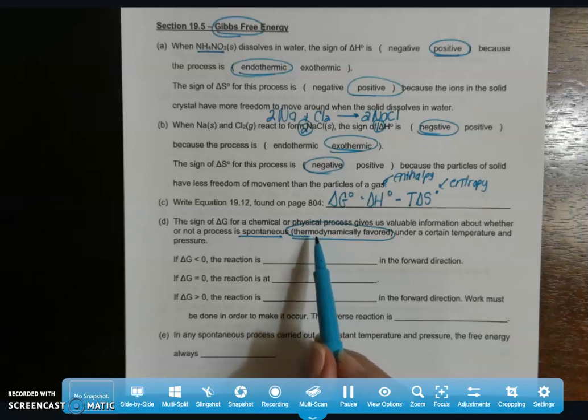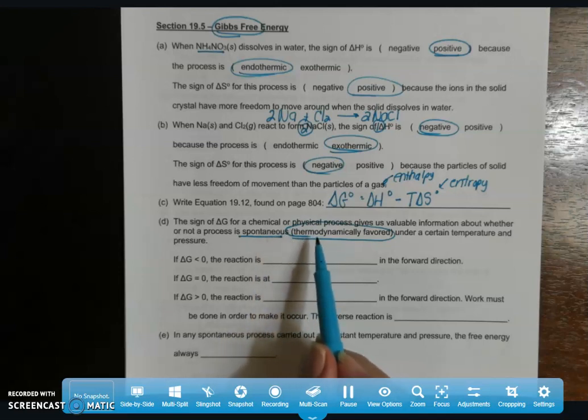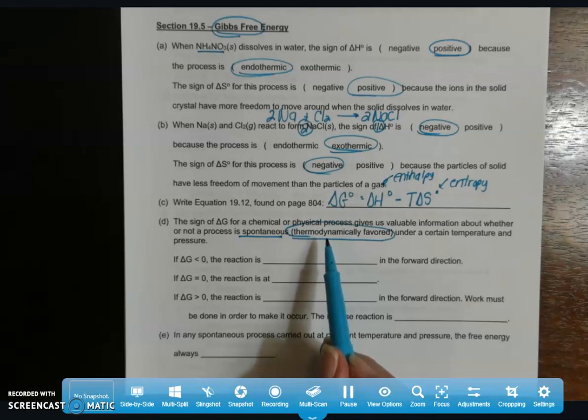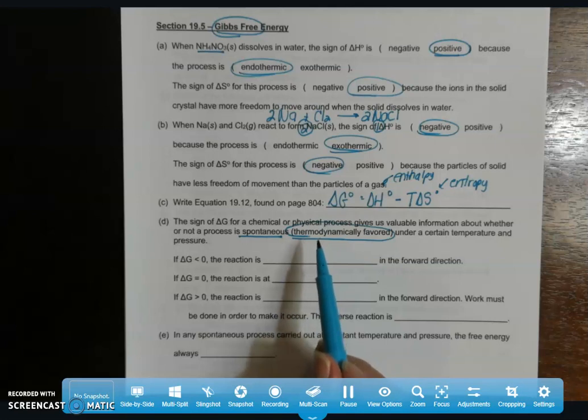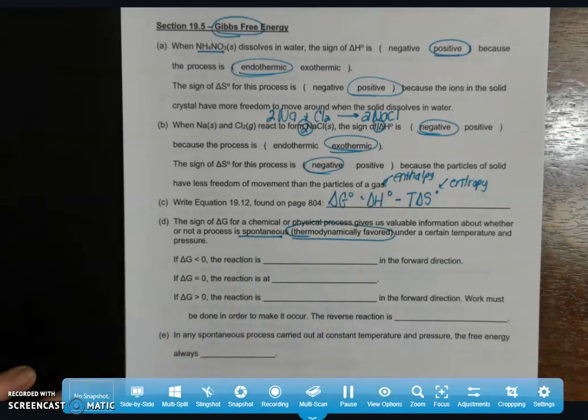Is it thermodynamically favored? Remember that reactions that are thermodynamically favored can be incredibly slow and happen over decades even. Just because a reaction is spontaneous does not mean it is fast.